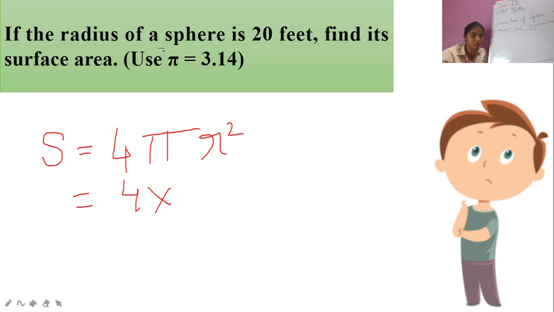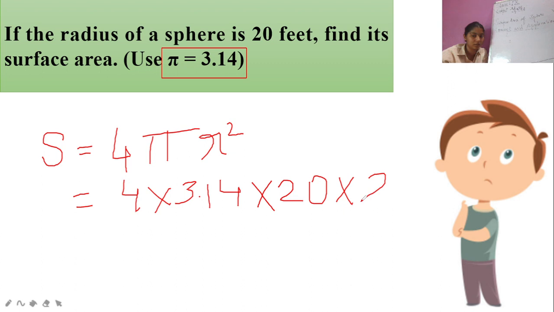So this value of pi, you have to use it for this question. So r square means radius times radius, that is 20 into 20. So calculate and tell me the answer.